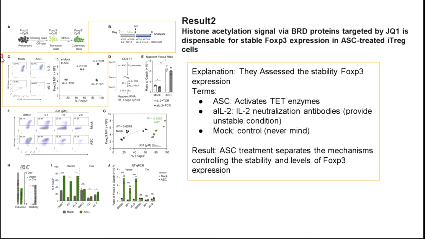In figure C, you can just see the numbers in this figure. With treating aIL-2, mock-treated iTreg cells lost about 80% of the Foxp3 expression, but more than 80% of ASC-treated iTreg cells remained Foxp3 positive regardless of the culture condition, resembling stable natural Treg cells in our body.